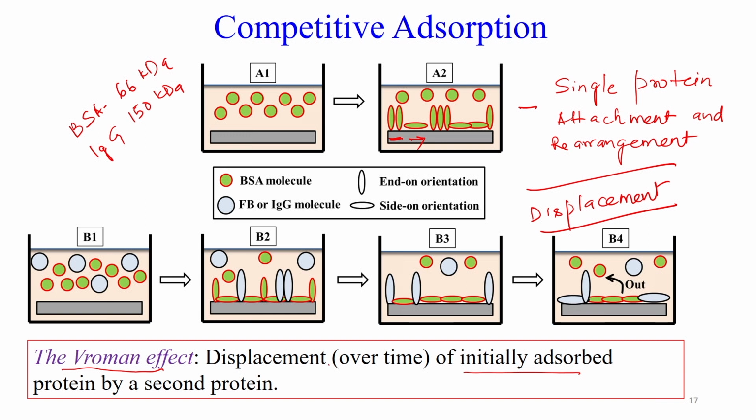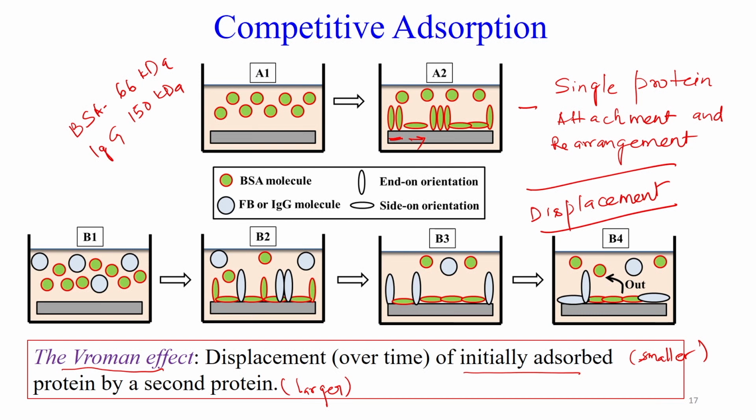So, it says displacement of the initially adsorbed, meaning smaller, protein by a second, larger protein. So, again, although the adsorption process remains the same, one extra step of protein-protein interactions, or the displacement of the protein molecules, comes into the picture.